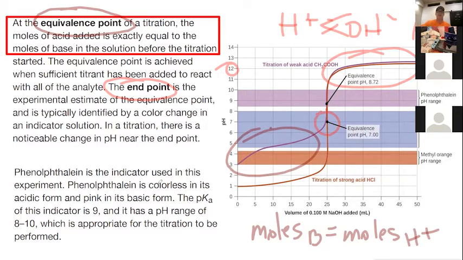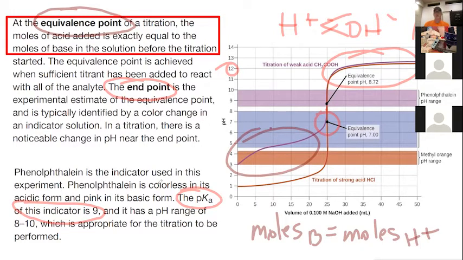And that's why we use the phenolphthalein. The pKa of phenolphthalein is 9, which means basically it goes from an acid to a base at pH 9. And what color is phenolphthalein in an acidic solution? Clear. Yeah, it doesn't have any color.